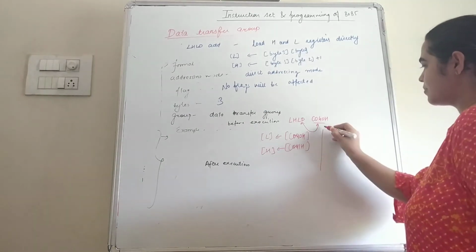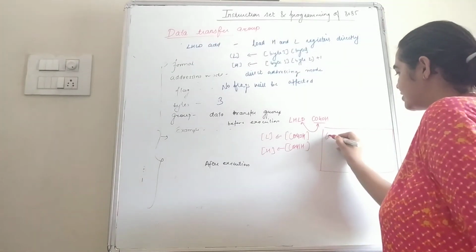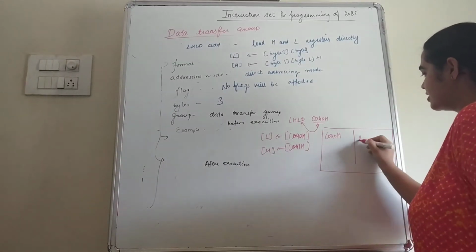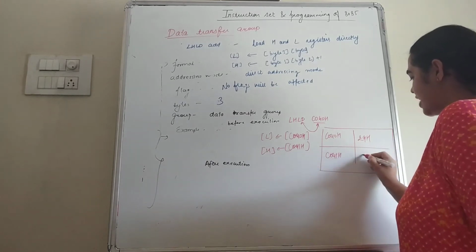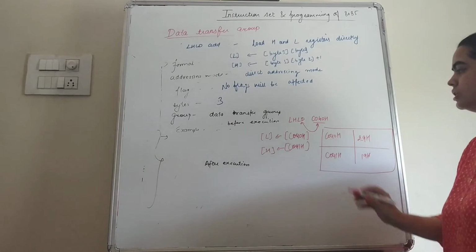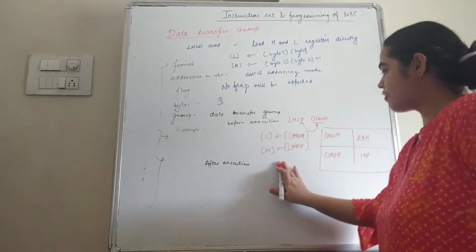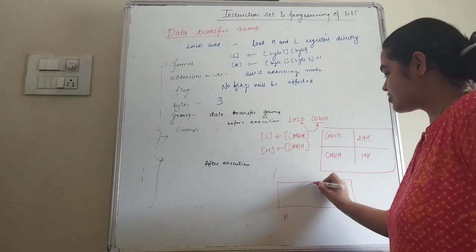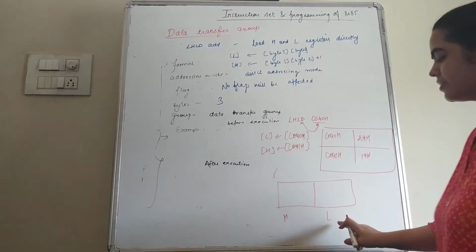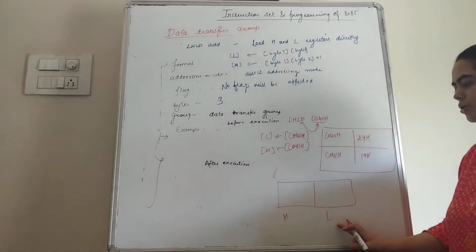For example, in the memory, at this memory location we have contents 29H, while at this memory location we have contents 19H. So after the execution of this instruction, now this is the HL pair, where H represents the higher order byte while L represents the lower order byte.